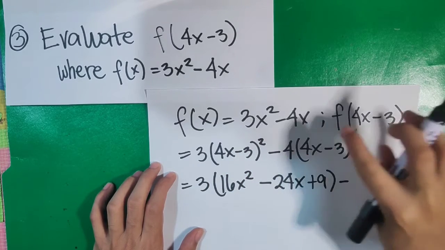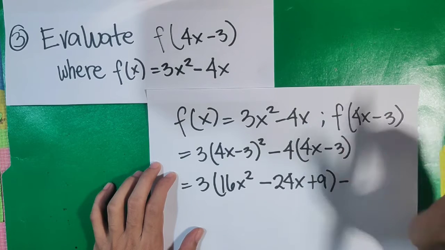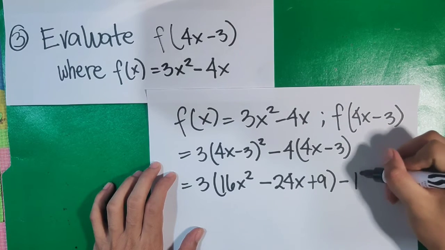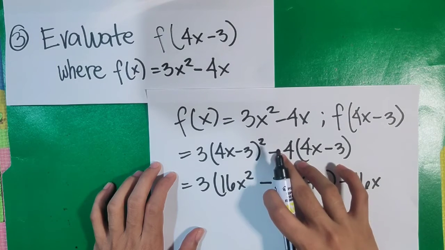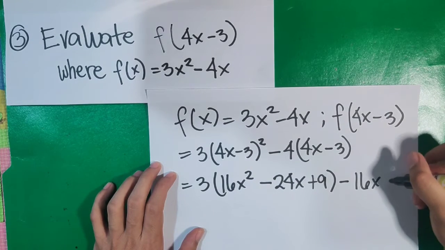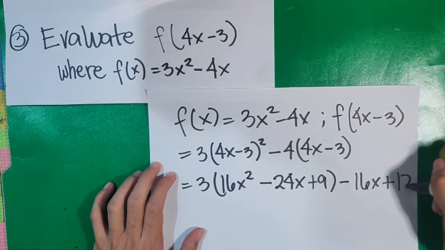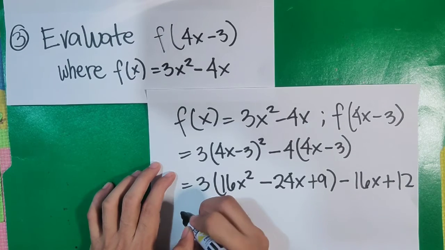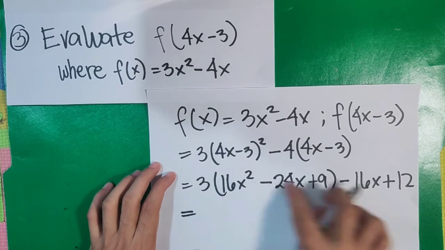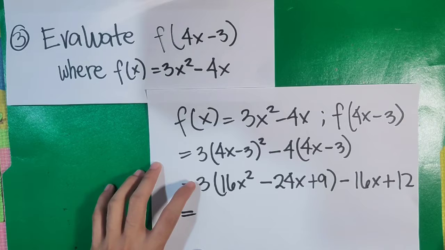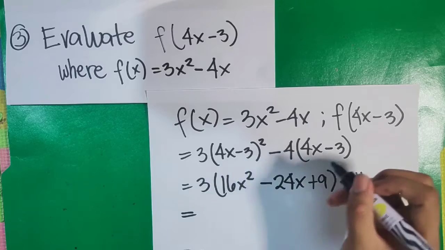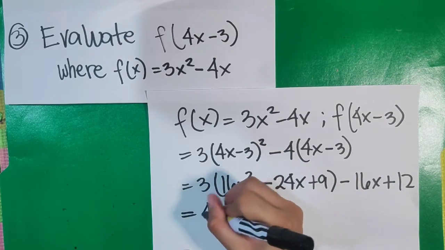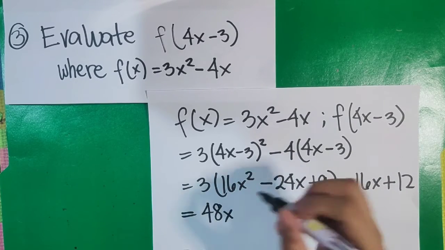Minus 4 times 4x, we get 16x. So negative 4 times negative 3, we get positive 12. Next, we need to simplify this term. So 3 times 16x squared, we get 48x squared.